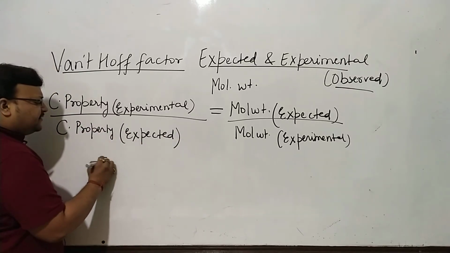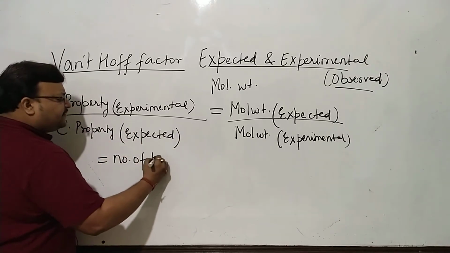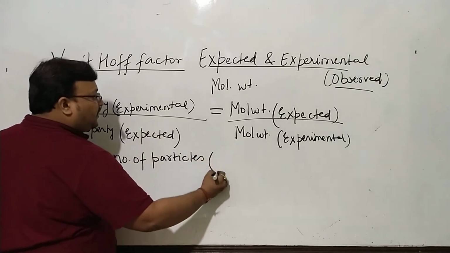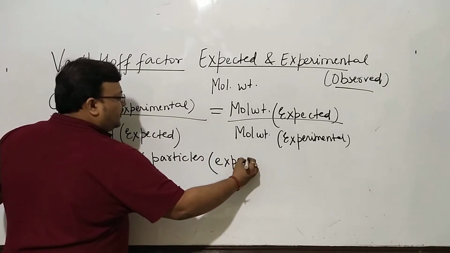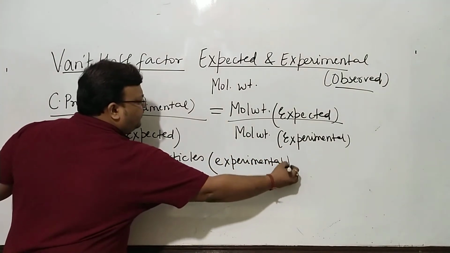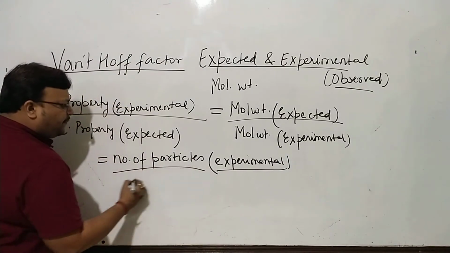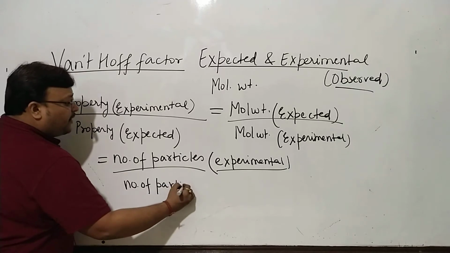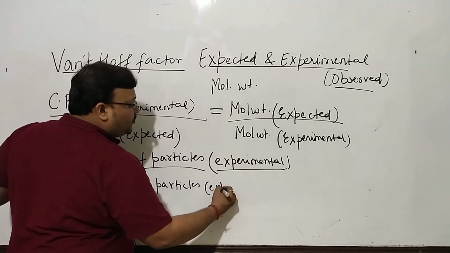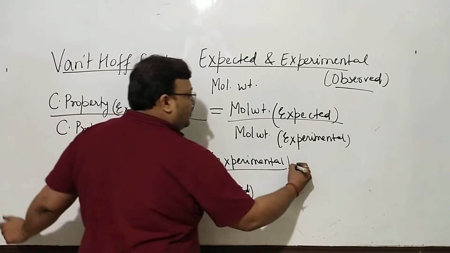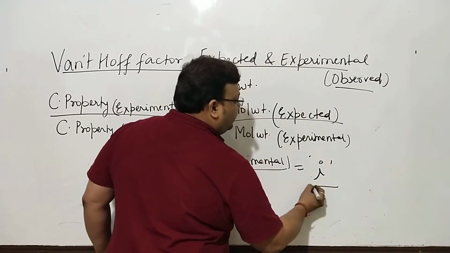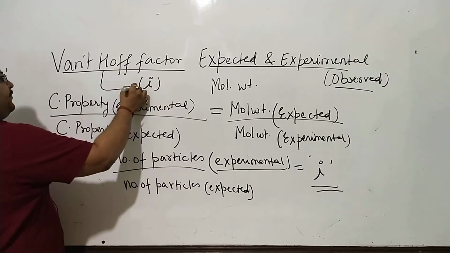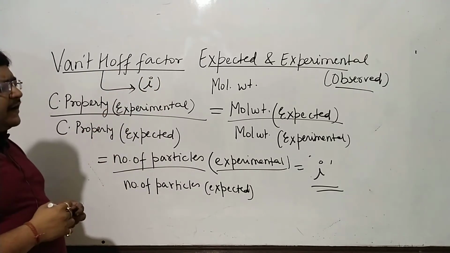So I can write this as number of particles, atoms, molecules, ions, experimental or under the real case, upon number of particles expected, and this ratio is called i. This is the Van't Hoff factor.